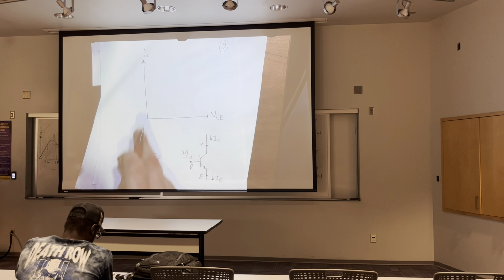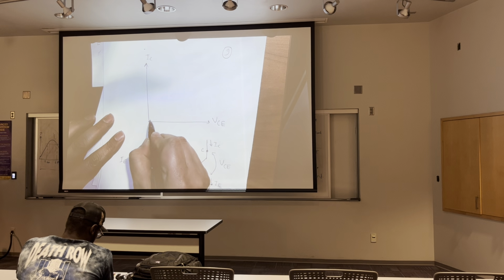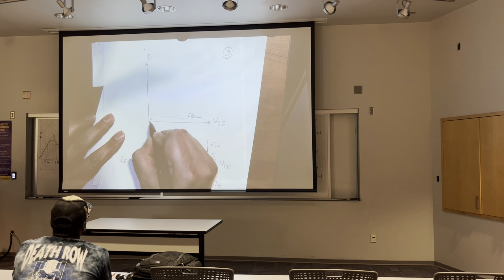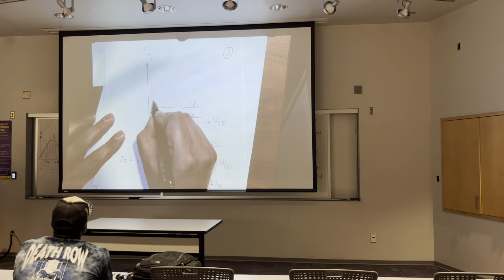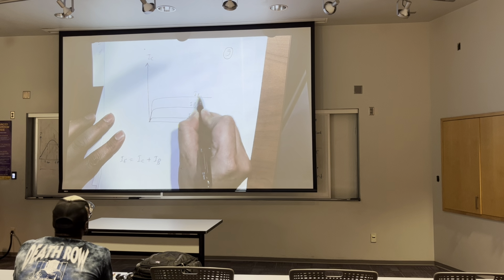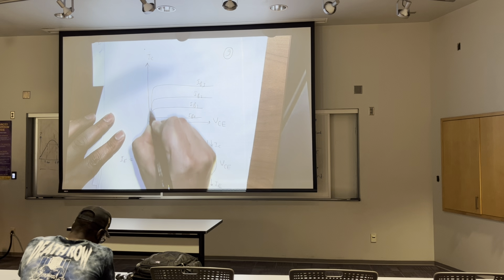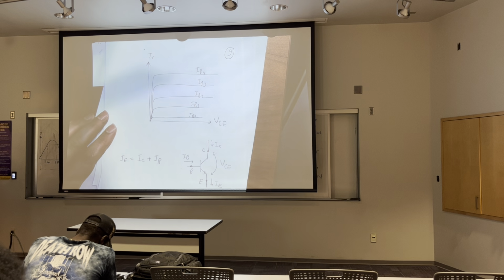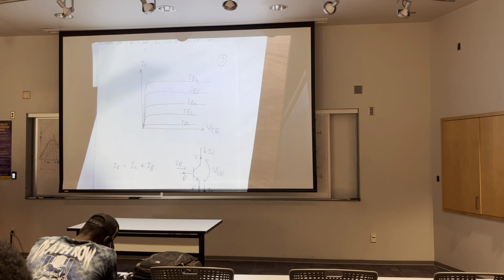The characteristic between IC and VCE is given like this for IB naught, increasing IB naught, IB1, IB2, IB3, IB4. Okay, this is the characteristic.